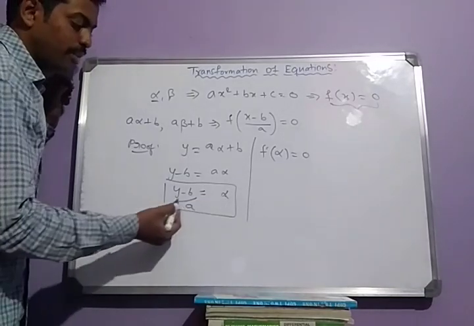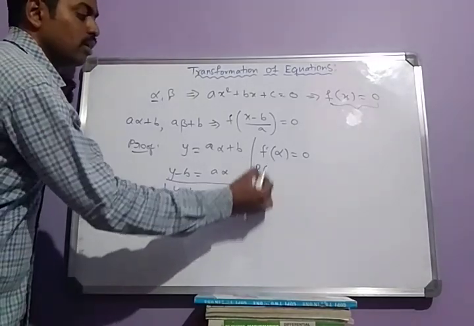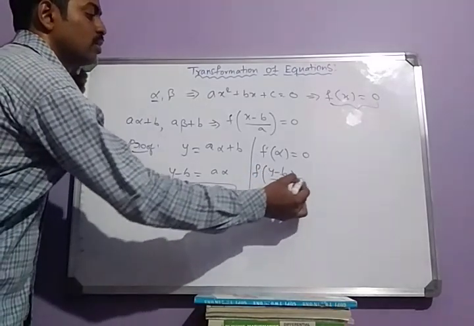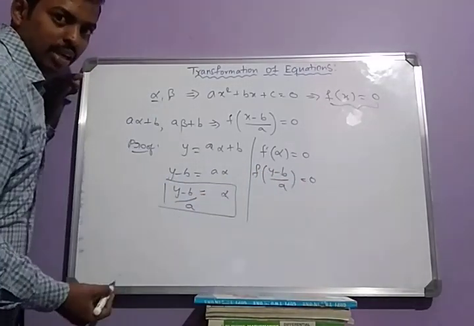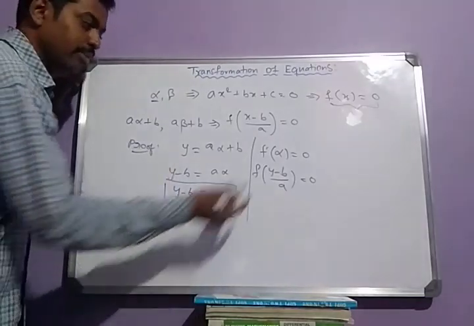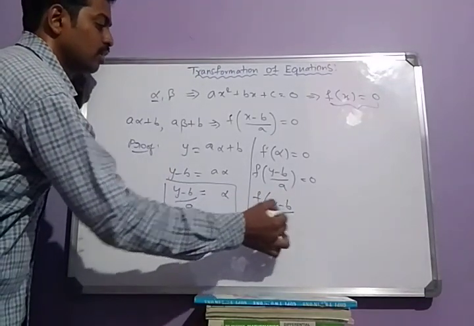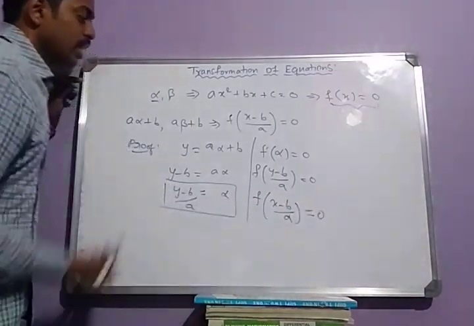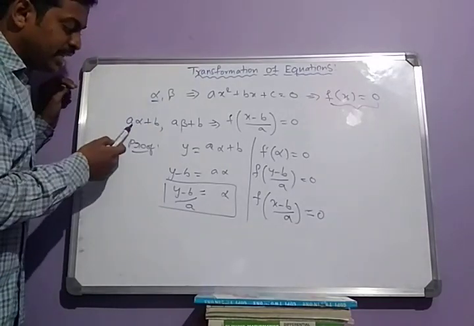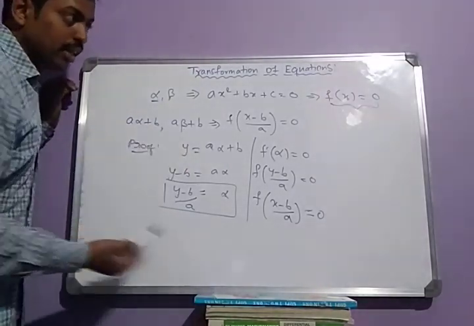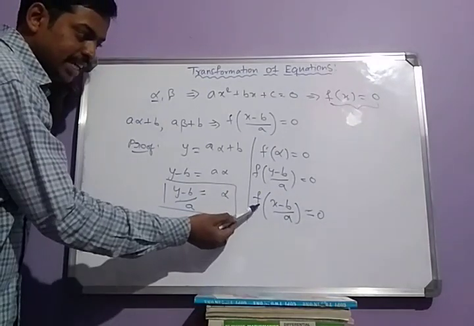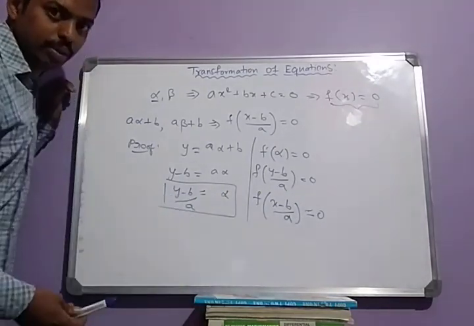So alpha you can write as (y minus b) by a. Where y is a dummy variable, it can be replaced with any other variable. I will replace it with x. So that's why if alpha, beta are changed as a alpha plus b and a beta plus b, then f of x is equal to 0 is changed as f of (x minus b) by a is equal to 0.